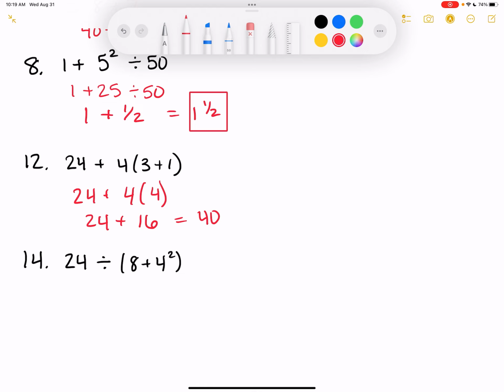So what do I need to do first out of that? Exponents. So I'm going to have 24 divided by 8 plus 16. So then we need to finish what's in the parentheses. So it's going to be 24 divided by 24, which is just 1.